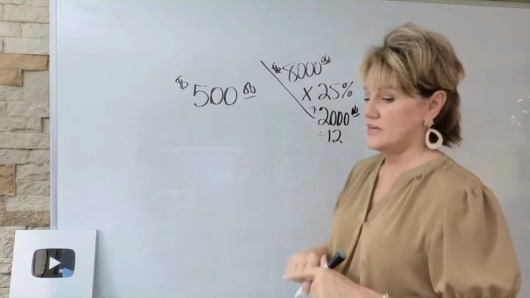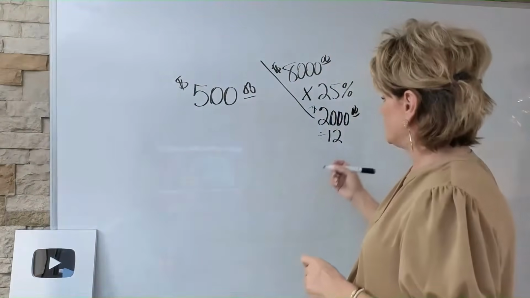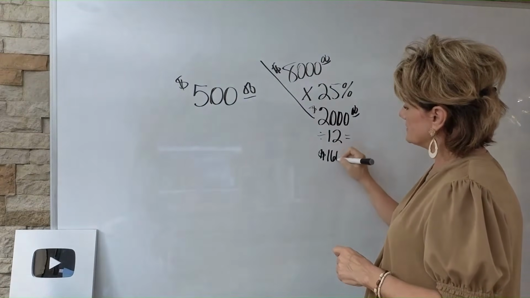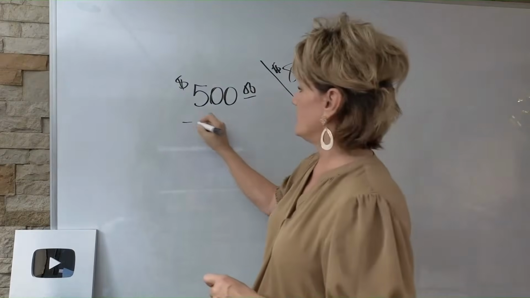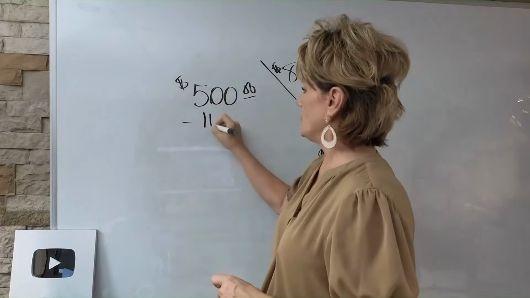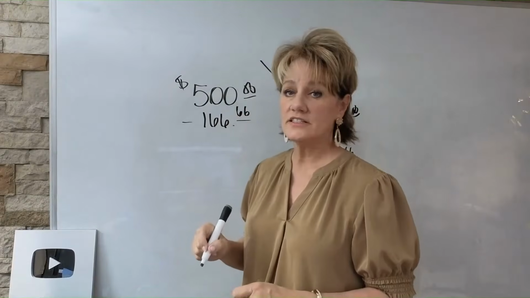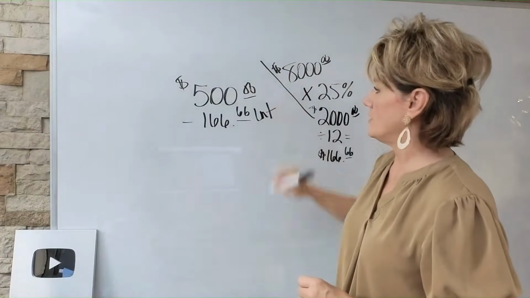So 2,000 divided by 12 is $166.66. That means out of this $500 payment, $166.66 is going to be your interest charge for that month.